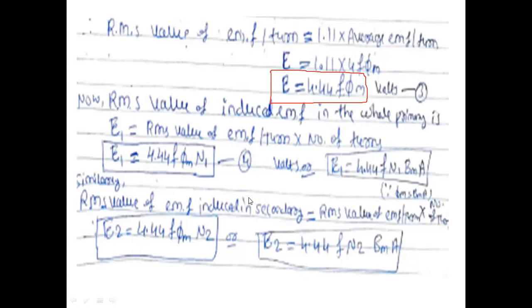Next line, write down because phi m equals Bm A.